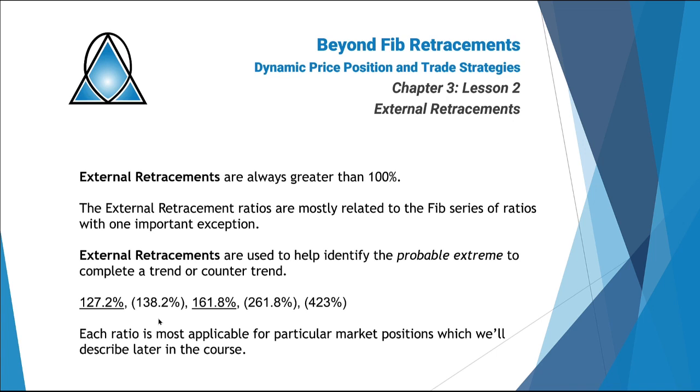I also have showing here the 261.8% and the 423%. They're directly related to the Fib series of ratios. And I have them in parentheses because they're only used under special circumstances and particular sort of pattern structures to identify the end of a pattern.